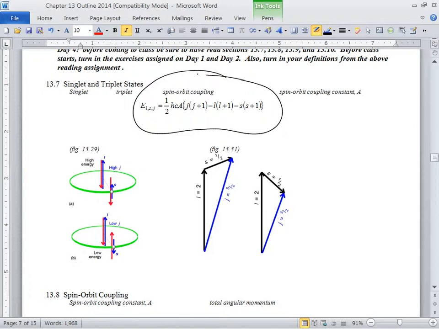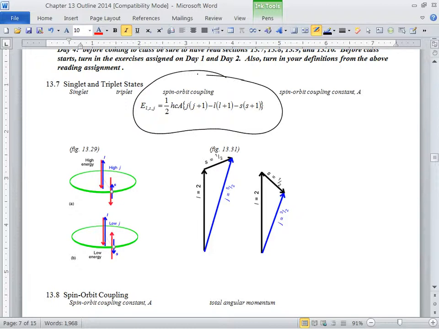Oh, they're both lined up. I think that's what they're trying to say. They're trying to compare the blue with the blue and the red with the red, right?